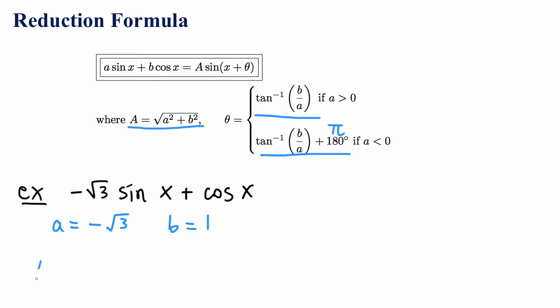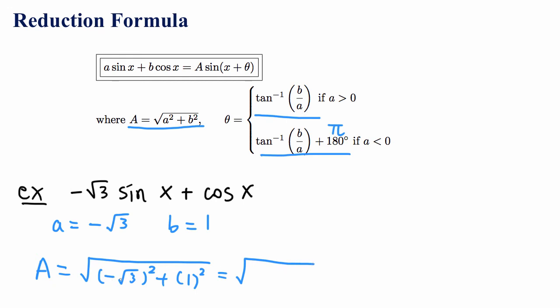So the formula says the new amplitude, capital A, is the square root of a squared plus b squared, which is negative square root of 3 squared plus 1 squared, which is the square root of positive 3 plus 1, which is the square root of 4, which is 2.